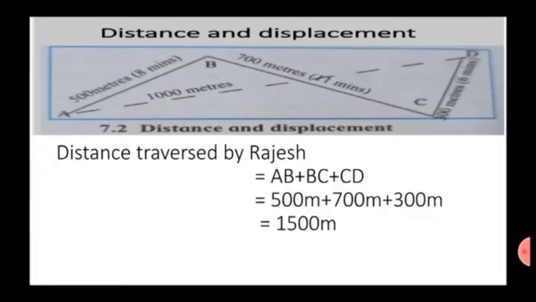The minimum distance traveled in a straight line in one direction is called displacement. So, AB, BC, CD is the distance traveled and AD is the displacement because it is the minimum distance traveled in one particular direction from the original point to the end point. The original point is A and the end point is D.